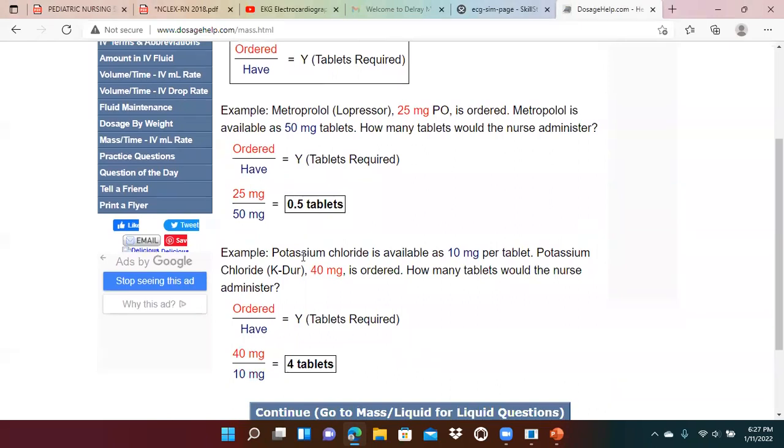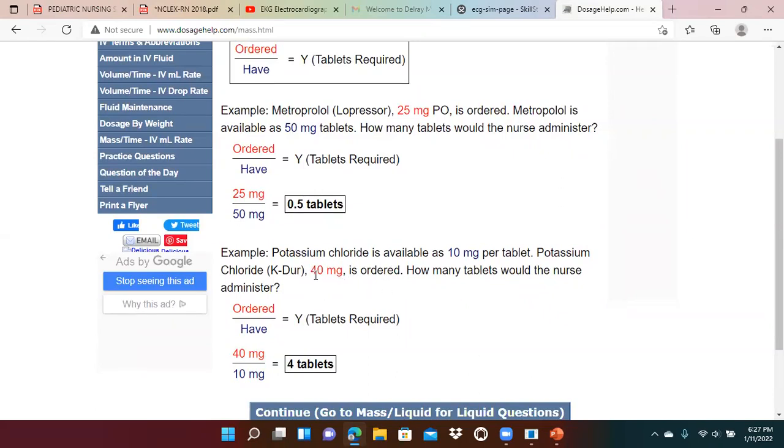Another example here. Potassium chloride is available as 10 milligram per tablet. Potassium chloride is called K-Dur. 40 milligram is ordered.